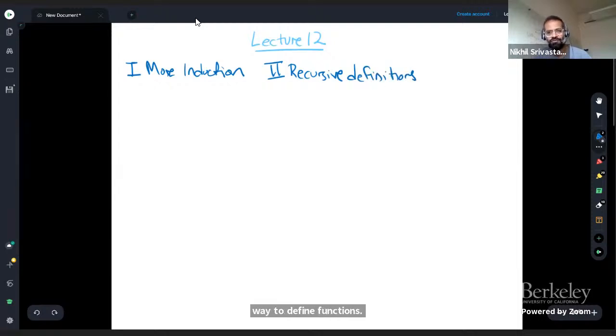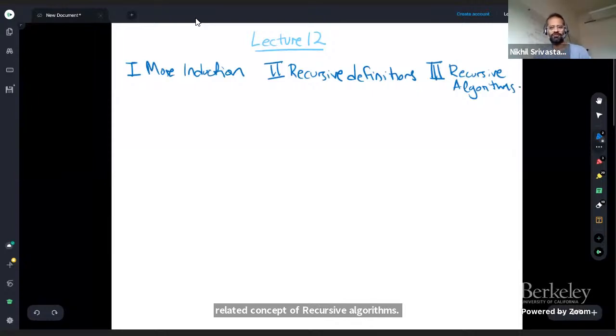And then finally, we're briefly going to discuss the related concept of recursive algorithms. All this stuff is the content of section 5.3, roughly.